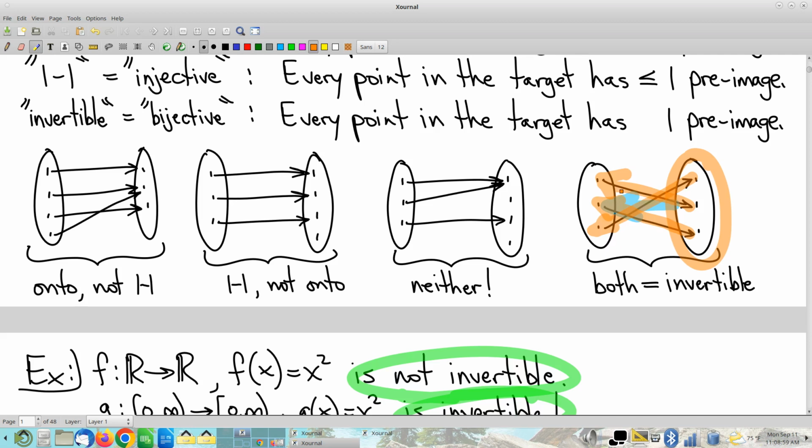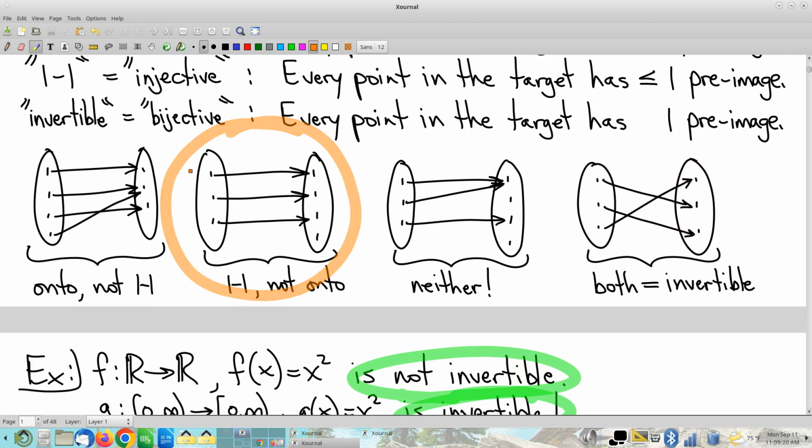Because this is what a function is. For every input, there has to be exactly one well-defined output, whatever kind of critter that output is. And so notice we need both injective and surjective for that to make sense.